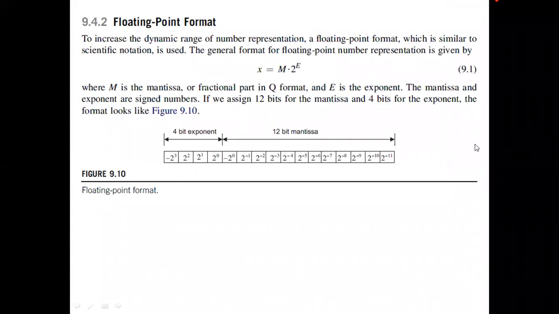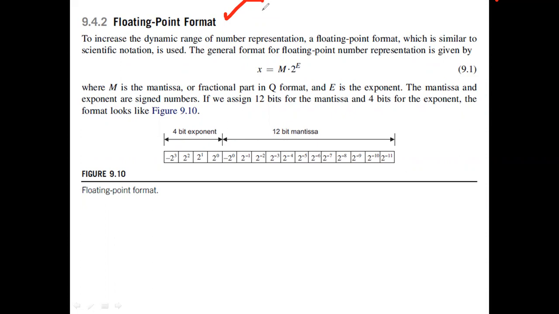Okay, what other options do we have? If I want to go for a larger range, larger numbers, then you will have to go for floating point format. So what's a typical floating point format? When you say floating point format, the whole burden is on the programmer. It depends on the kind of processor you have.